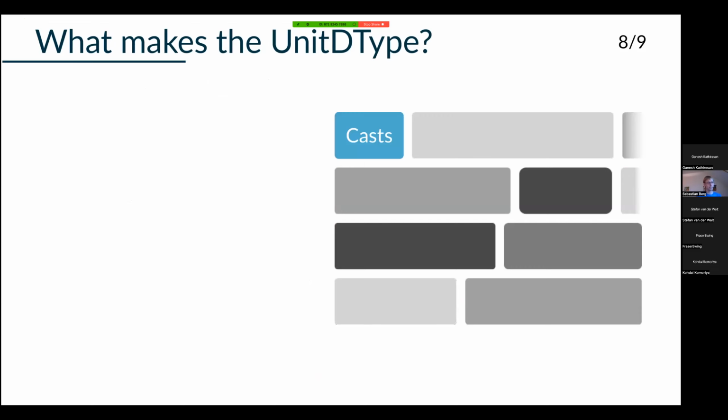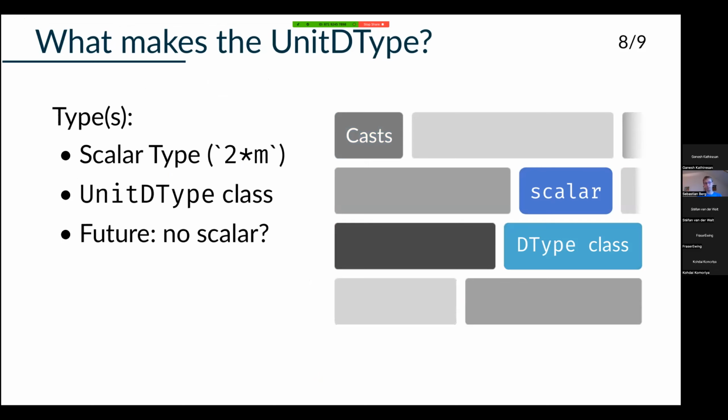That was the casting. What we also need is the types. We need a scalar. We need to spell 2 meters. And we do need a dtype class, which we have to define, unfortunately, in C right now. So if you want to work on this, unfortunately, you're stuck with the C API to create a static type right now.